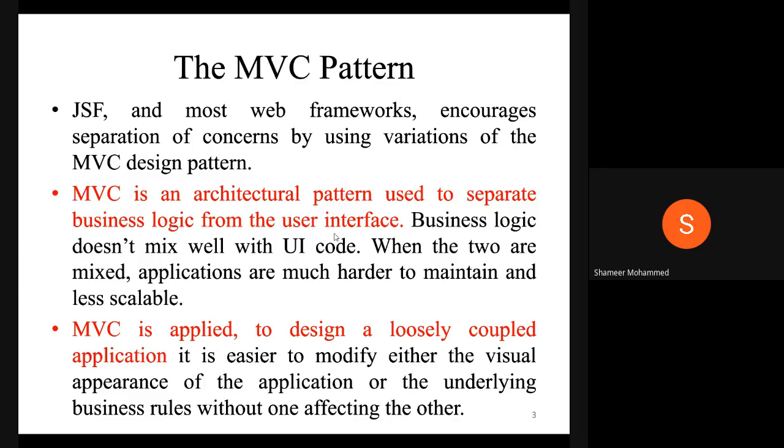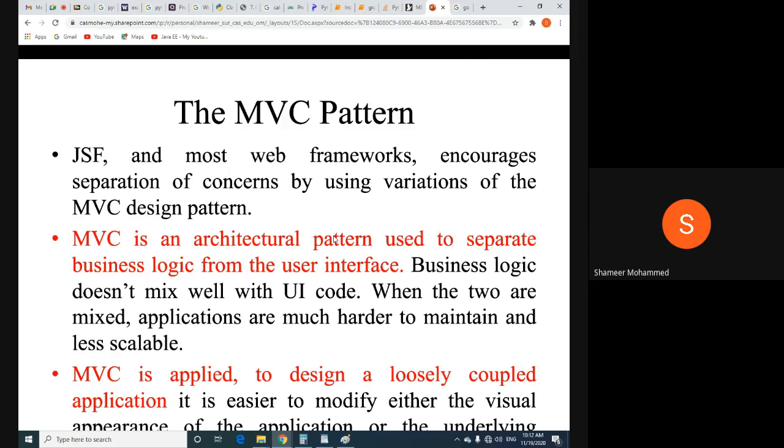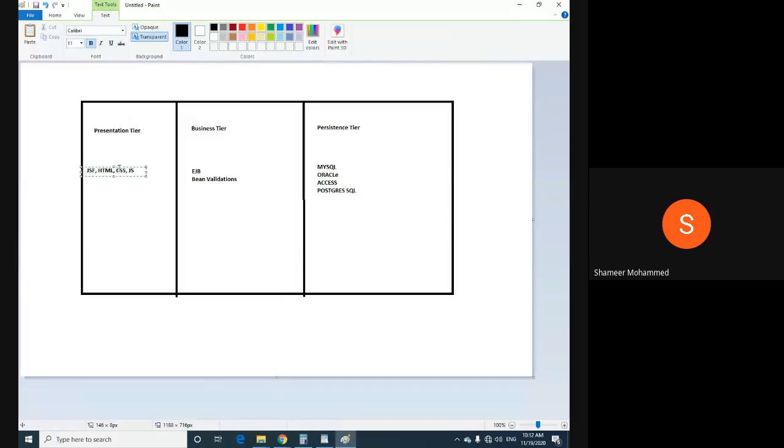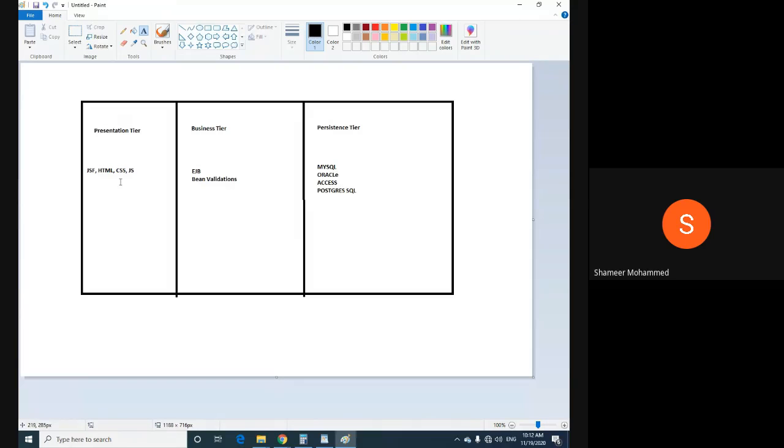Beans are separate, pages are separate, and the database code is separate. So that is why I show you here this one. Presentation layer, the code of the XHTML file is separate here. We are not mixing bean and this one. We are not mixing this and this. Everything is separate.